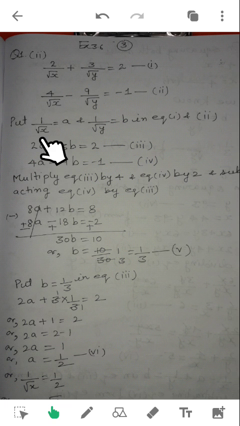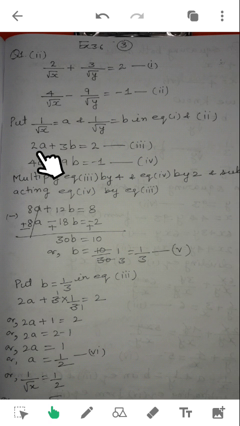Now we put 1 by root x as a and 1 by root y as b in the first and second equations. It means that in place of 1 by root x we will place a, and in place of 1 by root y we will place b.